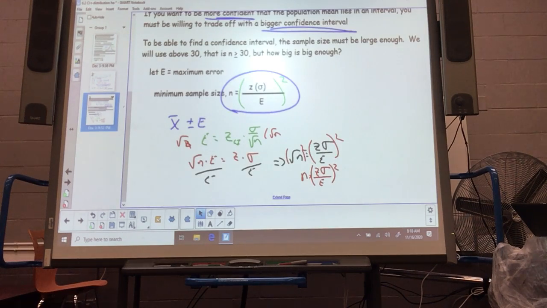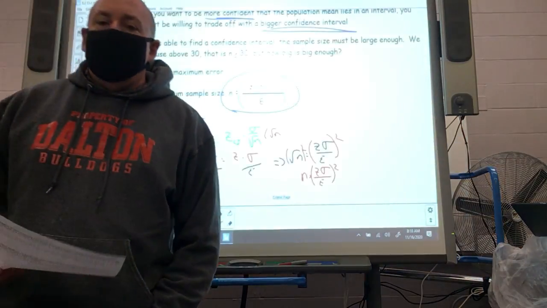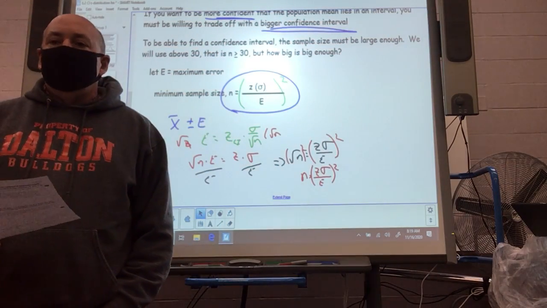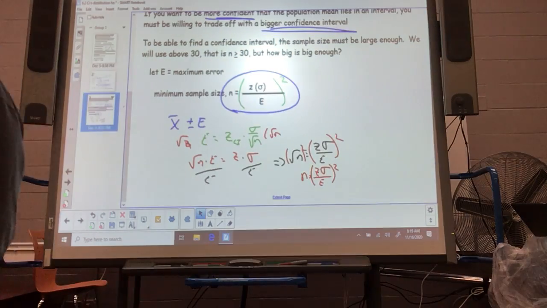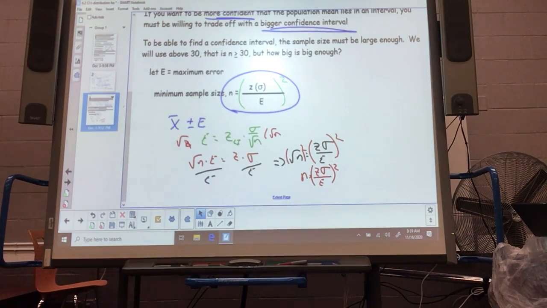Now you can hit second and mode, which is quit. Get yourself out of that. Go to your stat button again. Option 2.